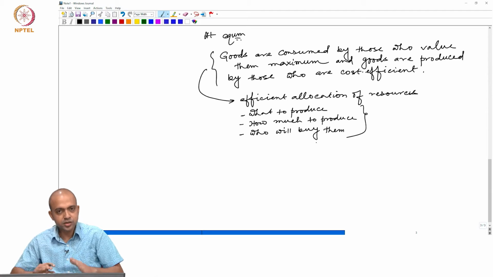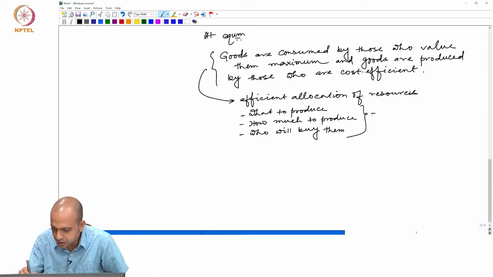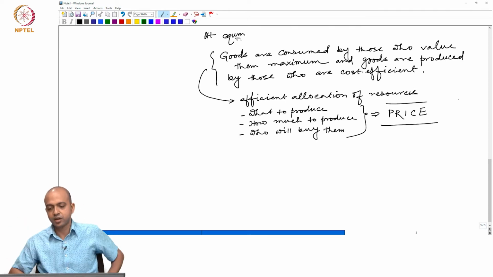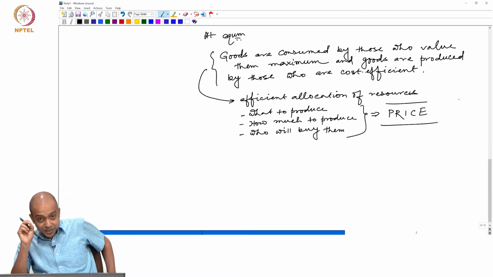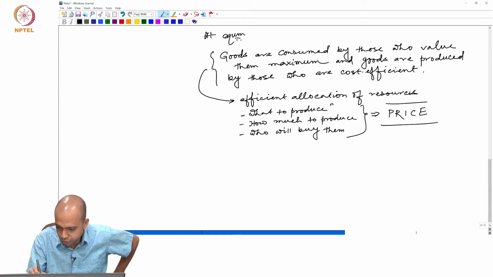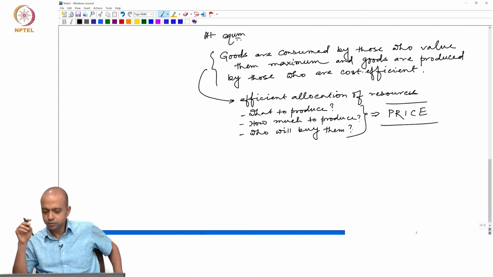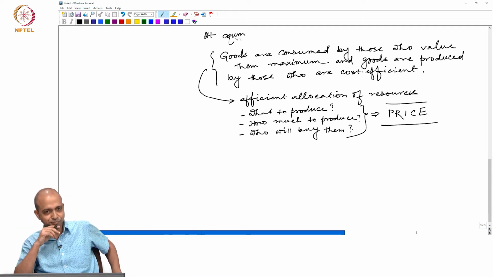These are the things the market is trying to achieve. And how is the market achieving this? With its most powerful instrument, price. So, the price instrument is used by the market to decide what to produce, how much to produce, who will buy them. Everything is decided by this price.